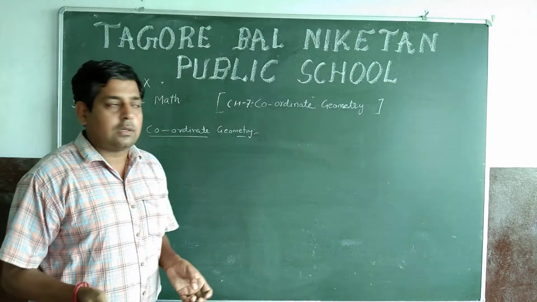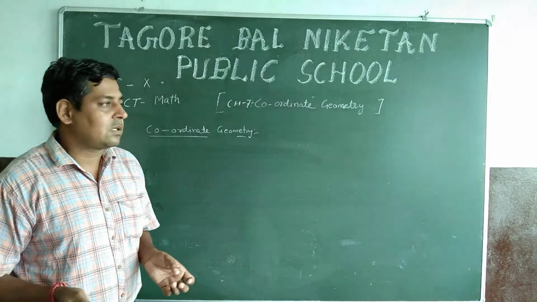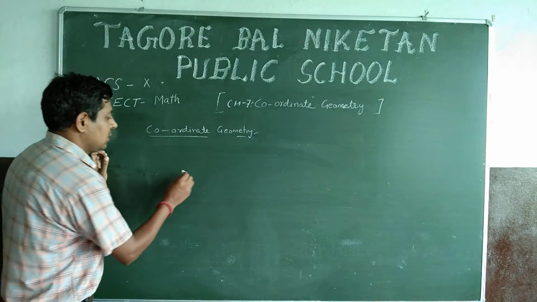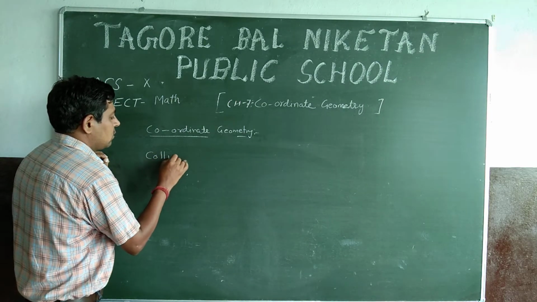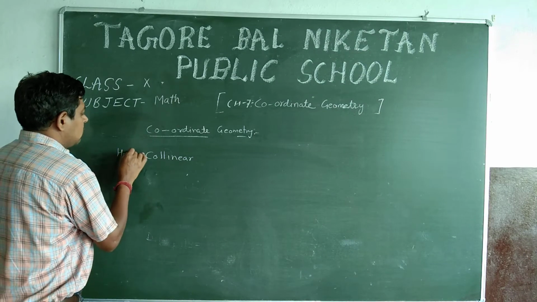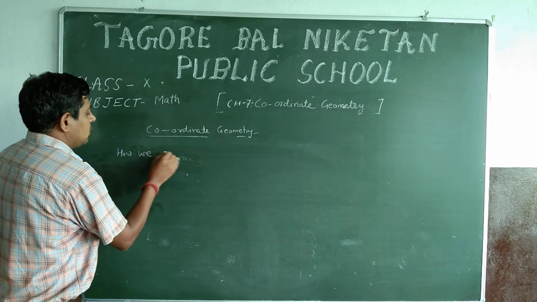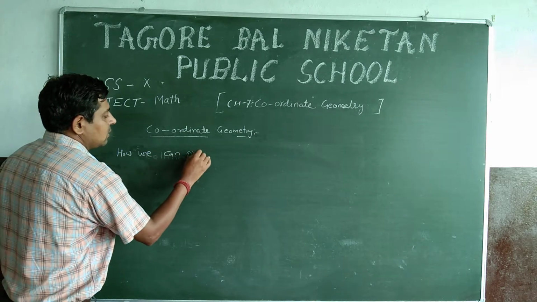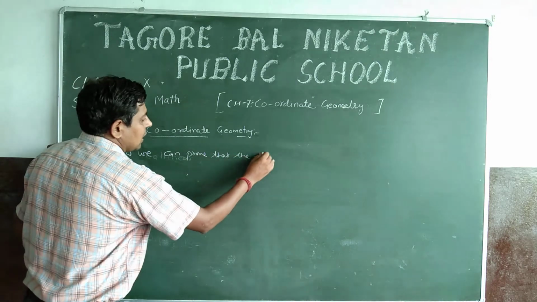Now we can discuss how we can prove that 3 points are collinear.